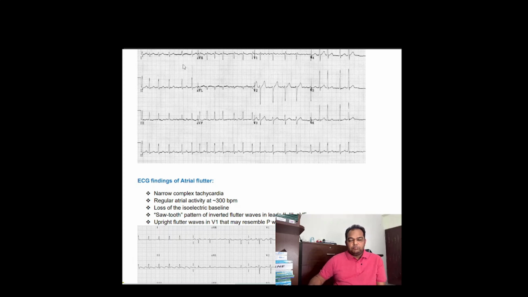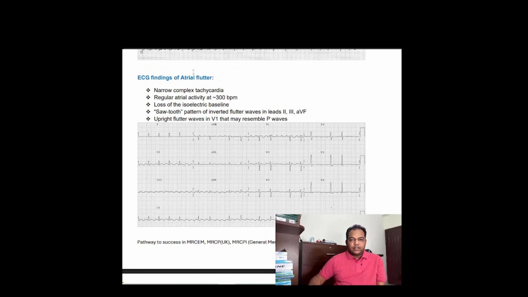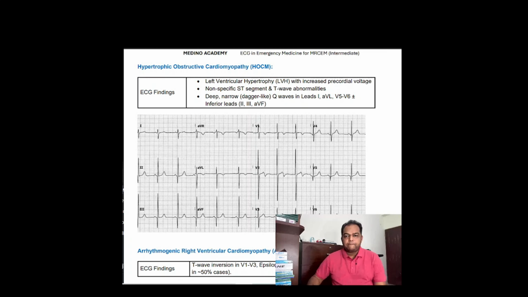So this is an ECG of atrial fibrillation. And in case of atrial flutter, there is sawtooth pattern. You can appreciate sawtooth pattern in the ECG.